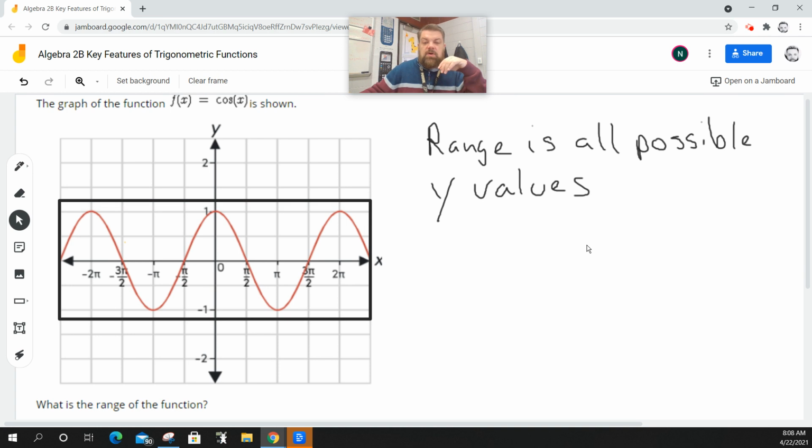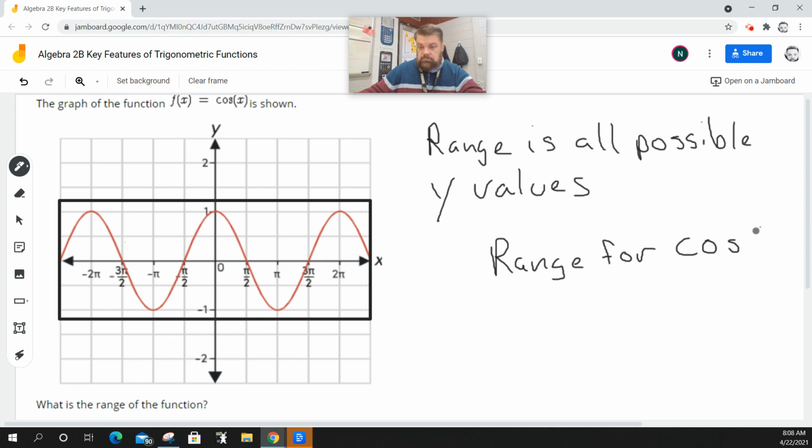In other words, my y values or my range for cosine of x is from the lower boundary, which is -1, to +1.